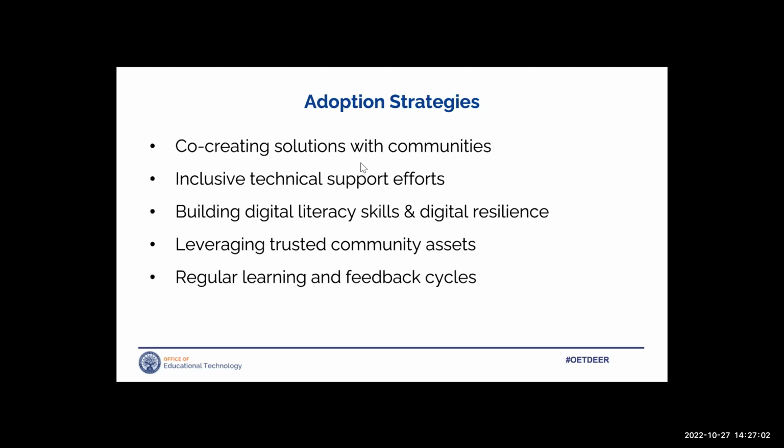We've also seen communities providing multilingual, multimodal technical support, such as community-based hotlines and digital navigators who, as trusted members of their community, can help collect data on the common barriers faced. They can support families and caregivers in signing up for programs, and they can provide one-on-one technical support.